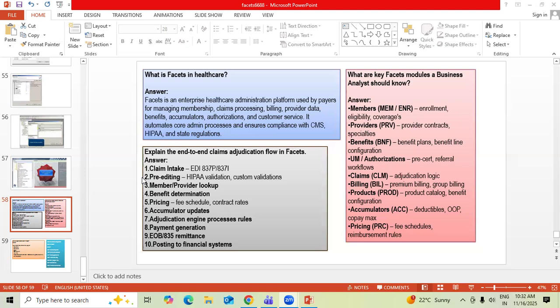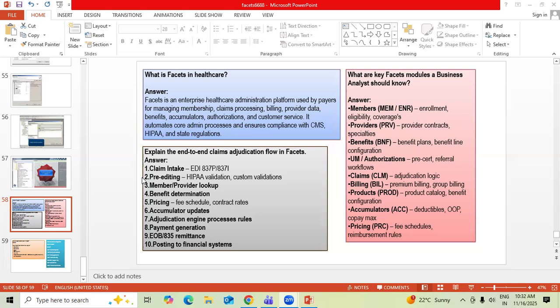Now, second question: what are the different modules? Being in an analyst role, what are the different modules we have in Facets? One is the membership module, where membership enrollment, eligibility and coverages can be updated. Under the provider module, provider contracts, either East Network or West Network, have to be updated, along with specialties, etc. In the benefit module, whatever benefit plan configurations we want to perform will be part of benefits.